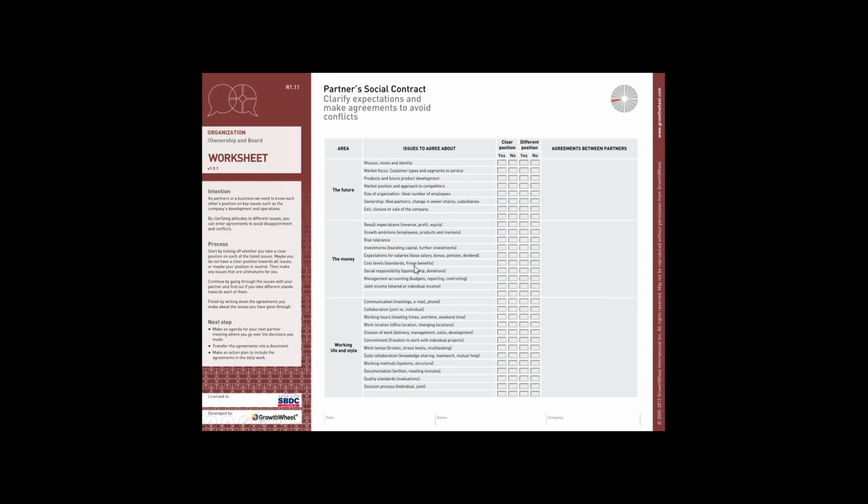Do we want to offer fringe benefits? Can we offer them? Social responsibility: what do we want to do in terms of sponsorship or donations? It may not be important to you, or it may be very important to you. Managing issues of accounting: how will we handle our budgets, reporting, and controlling? And how will we share the income from the business?